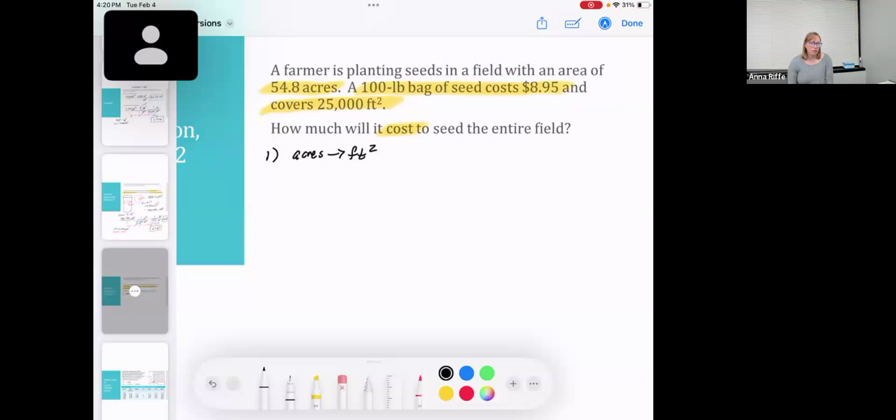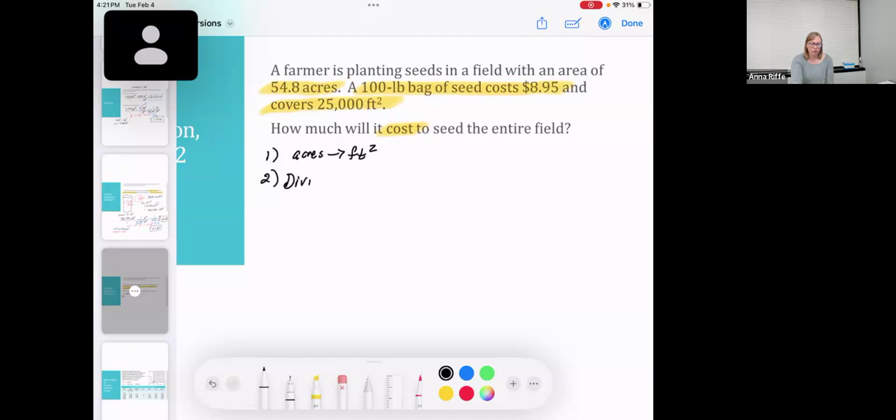Once we have the amount of area in square feet, we can probably take that area and divide it by how many square feet each bag covers, to get the number of bags, essentially, that we will need to cover the field.